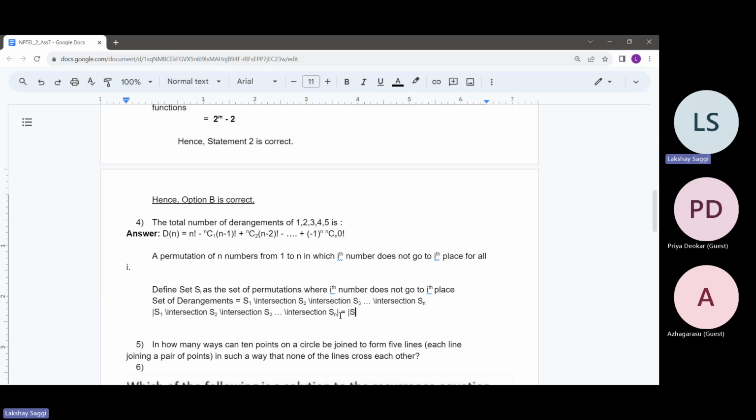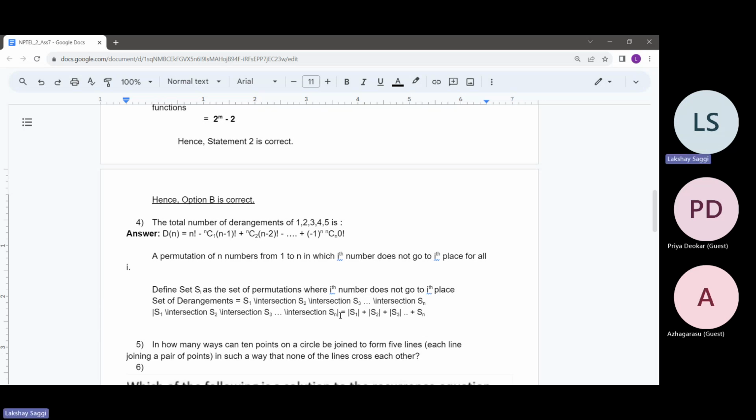To find the size of the set, say A intersection B, maybe I can add up all of these sets. You can verify that this is also a part of the principle of inclusion-exclusion, up to Sn.